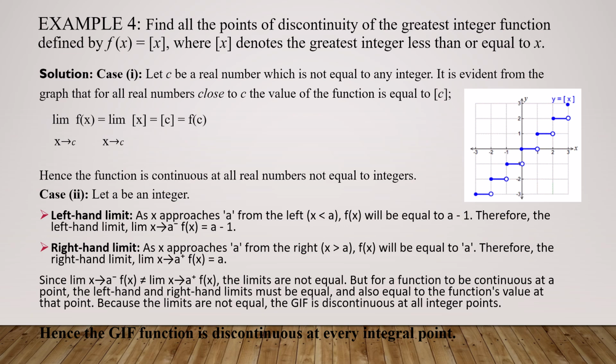Therefore, the right hand limit, x tends to a plus of f(x), is a. Since both are different, the right hand and left hand limits are not equal, so the function will not be continuous. So what we have concluded is the GIF function is discontinuous at every integral point.